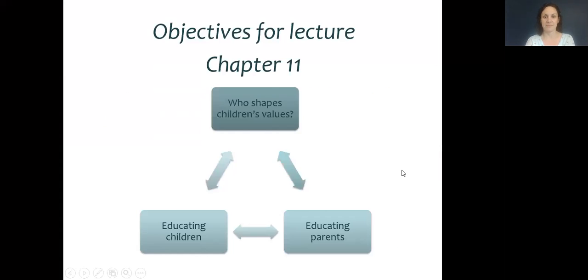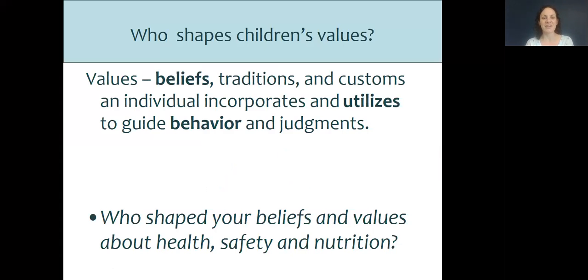Okay, a couple of terms just to think about is what a value is. It's really a belief, a tradition, a custom an individual incorporates and utilizes to guide behavior and judgments. When we're thinking about health, safety, and nutrition, there's different ways that we get these values. Some of them come from examples that we saw from our parents.